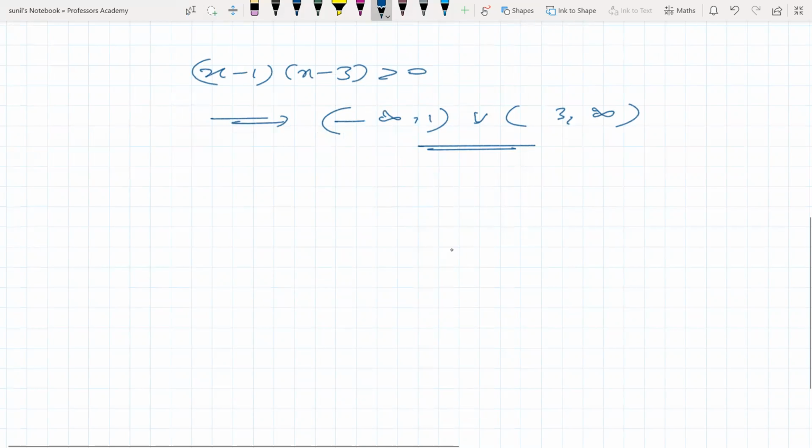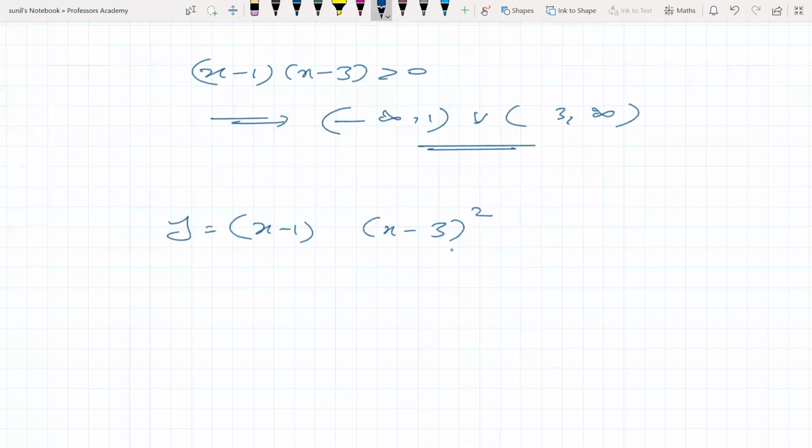And one more thing: y equal to (x minus 1) into (x minus 3) whole square. The wavy curve for this: y becomes 0 at 1 and 3, but the power of (x minus 3) is an even number.